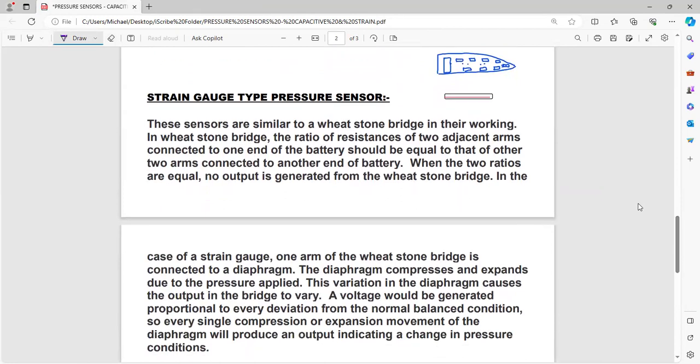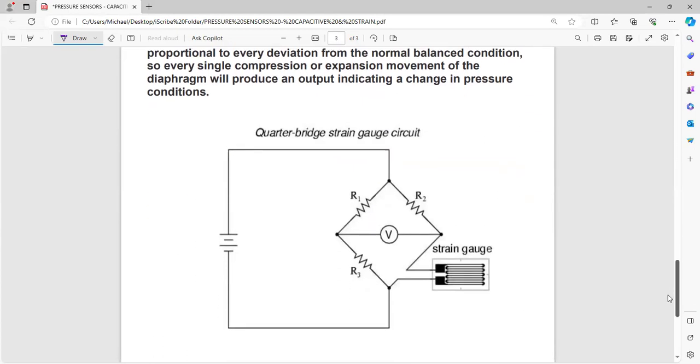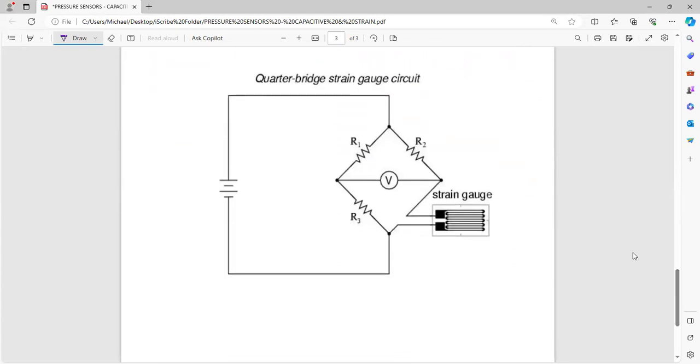Okay, please take a screenshot of this and then we will discuss. Okay, everybody taking a screenshot and then take a screenshot of this diagram.